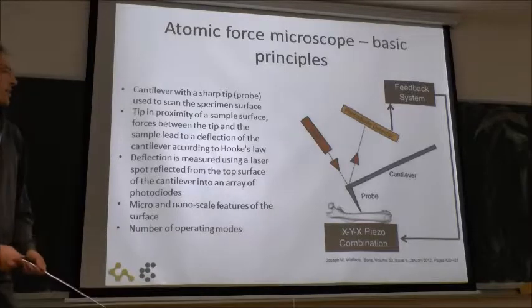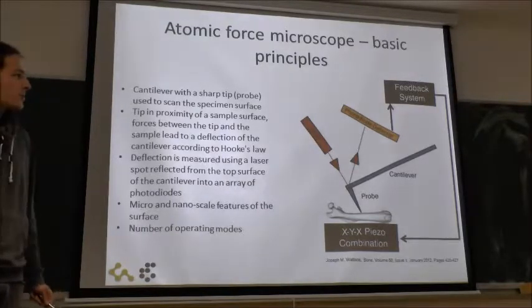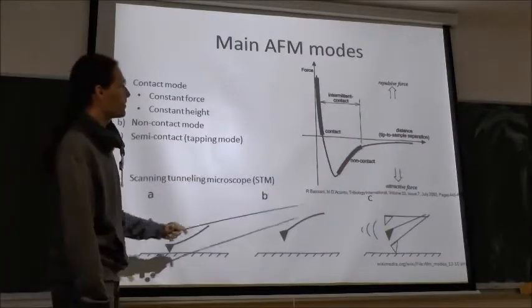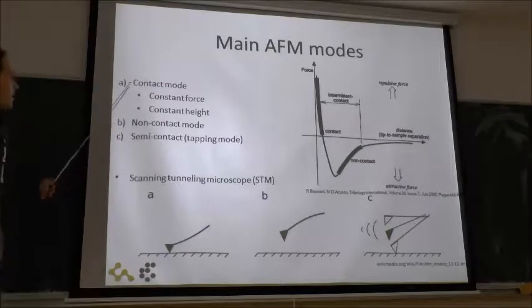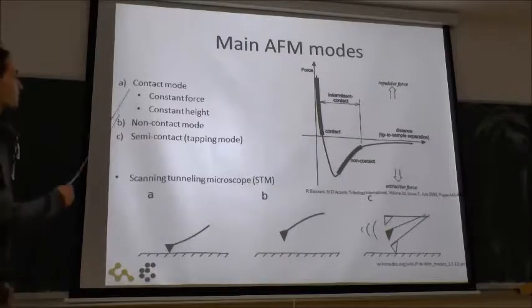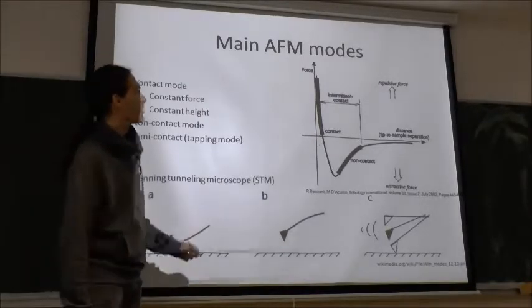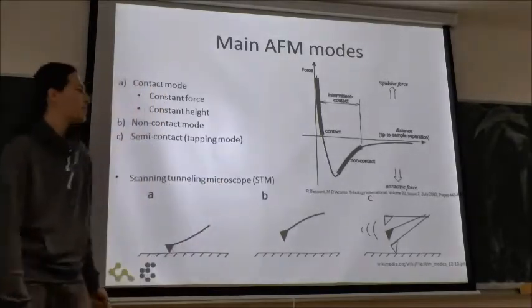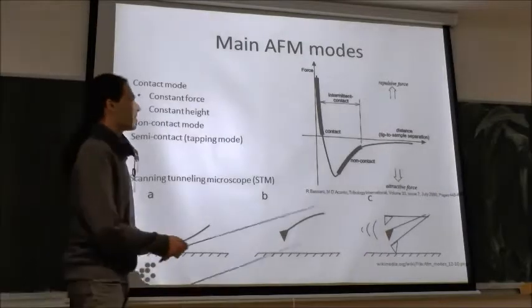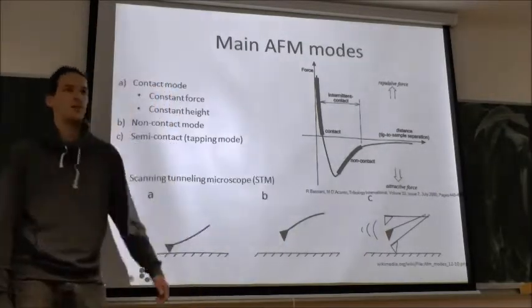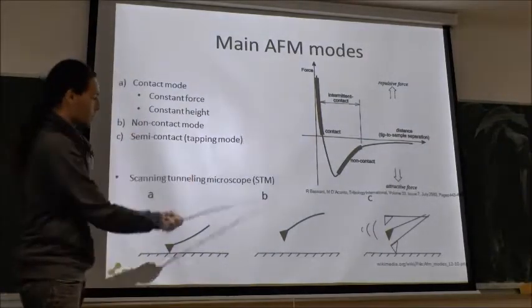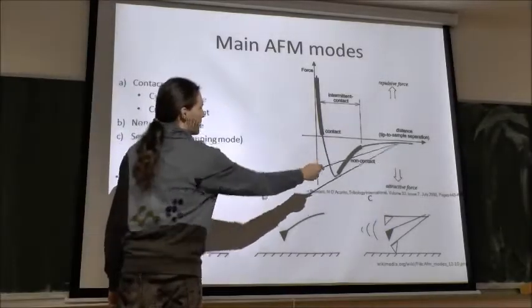There are a lot of operating modes for these systems, but here is the reason for these operating modes. We have a contact mode, non-contact mode, and semi-contact mode. All these modes come from this plot, where we see how the force depends on the distance between the tip and the sample. This is the Lennard-Jones potential, and as we come with the tip from far away to the sample, we have this dependence.